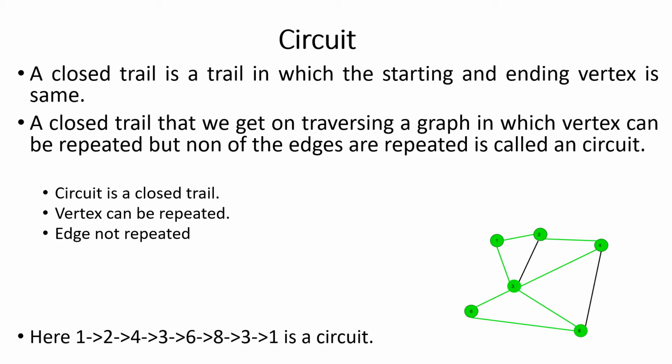As you can see that the starting and the ending vertex are same as 1. Thus it forms a closed trail. The vertex 3 is repeated. That means it has the vertex repeated but none of the edges are repeated.